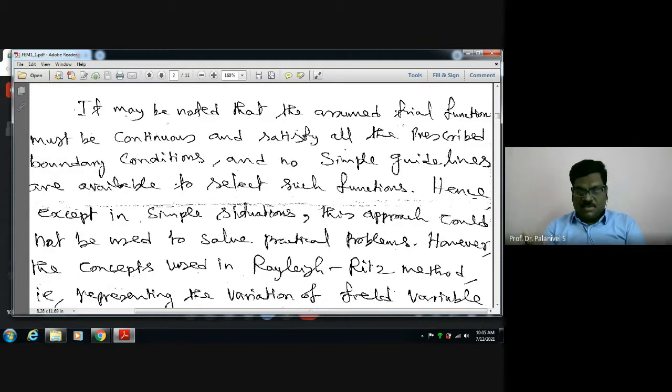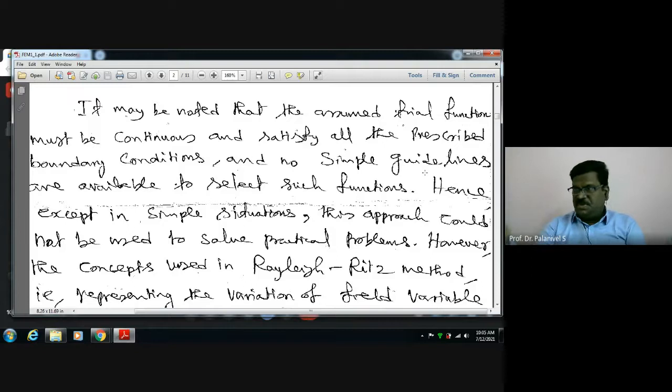Now I am coming to further discussion. The Rayleigh-Ritz method, I have referred from the C.S. Krishnamurthy textbook. This paragraph which I am going to discuss with you is also from C.S. Krishnamurthy. Finally, he has concluded the Rayleigh-Ritz method this way. After discussing that method, it may be noted that the assumed trial function must be continuous, because you are choosing a trial function for the entire structure.